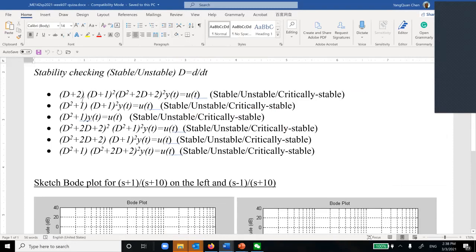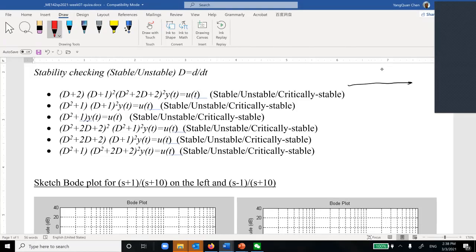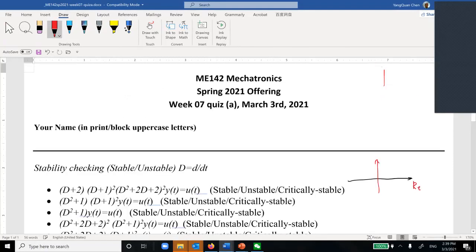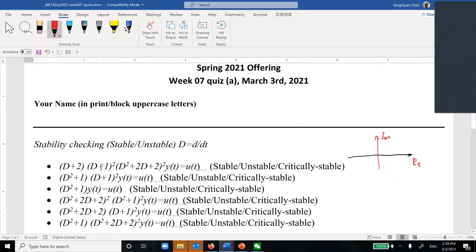So let's check the stability. The rule for a system to be stable, first thing first, you check its position in the complex plane. This is real, this is imaginary. For the first one, you can see what the poles are.